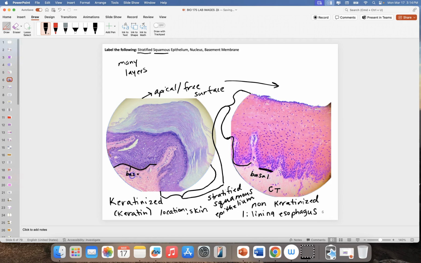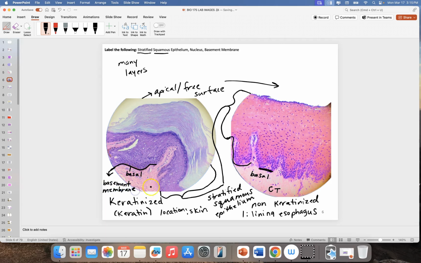We have the basal surface or the basal lamina. And we know that when the basal lamina and reticular lamina come together, then this is where we're going to find the basement membrane. So this right here on the basal side will help us find our basement membrane.